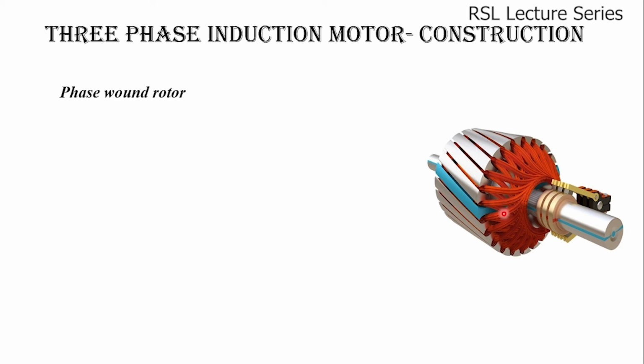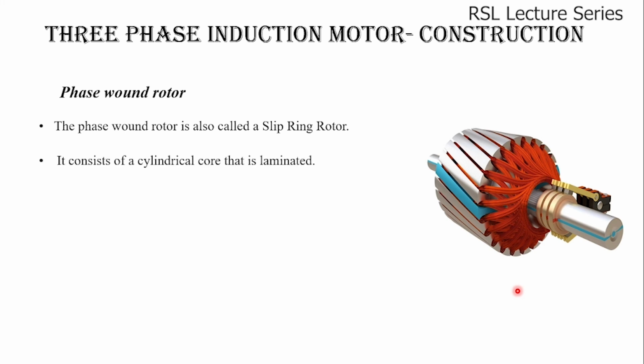Here, instead of rotor bars, we are using windings. These windings are always star connected. The rotor is mounted on the shaft, and the brushes and slip ring assembly is provided. Using this arrangement, we can add external resistance to the rotor circuit. So this is also called a slip ring rotor.